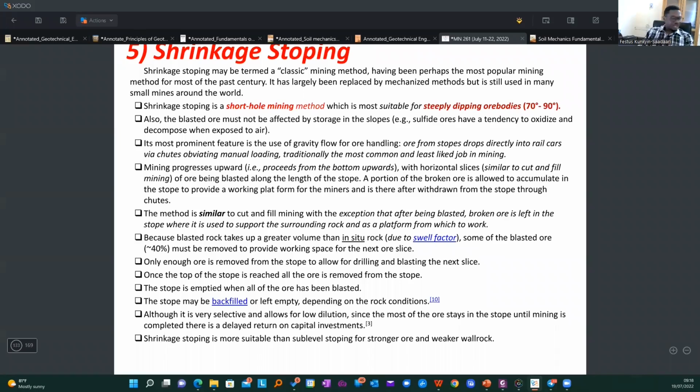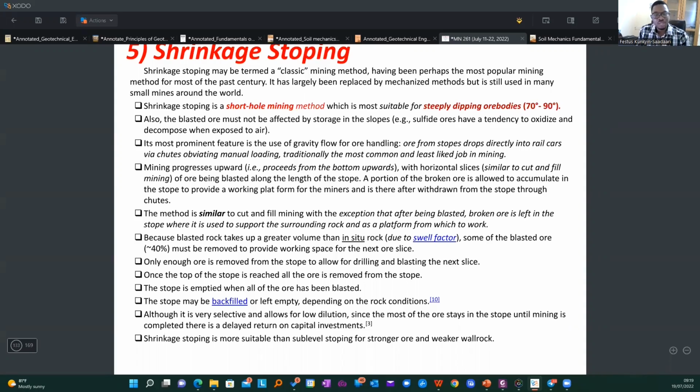Shrinkage stopping makes use of what we call swell, and we explain swell as the increase in the volume of a material. Every material, depending on the type of material you are handling, has its swell factor.